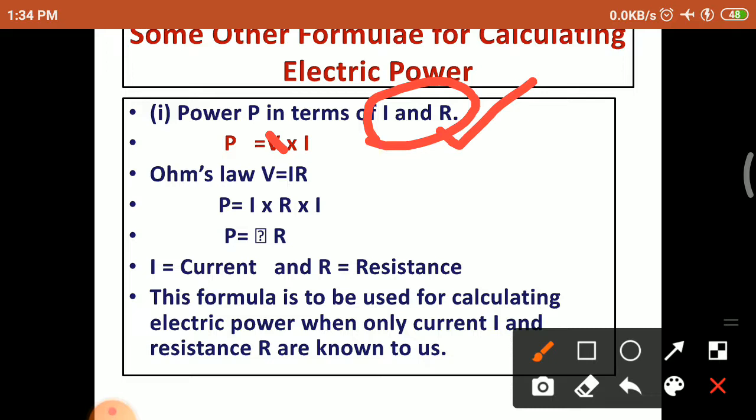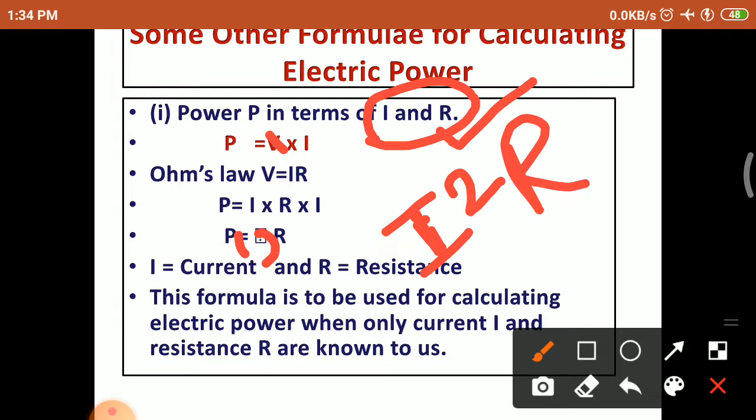So P equals IR into I, that is I squared R. So P equals I squared R. This is the power in terms of I and R.